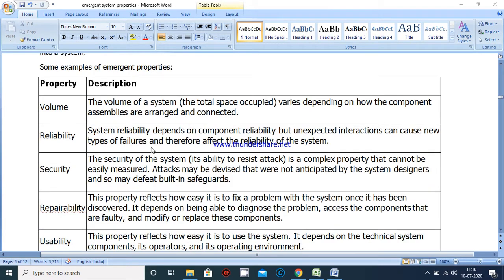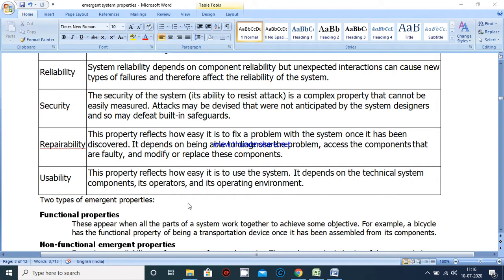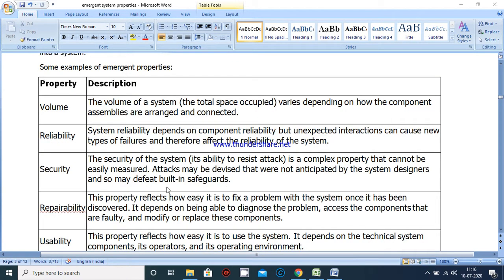These are some examples of emergent properties. Examples like volume, which is one of the most important properties of software systems, reliability, security, repairability, usability. These are the main properties.